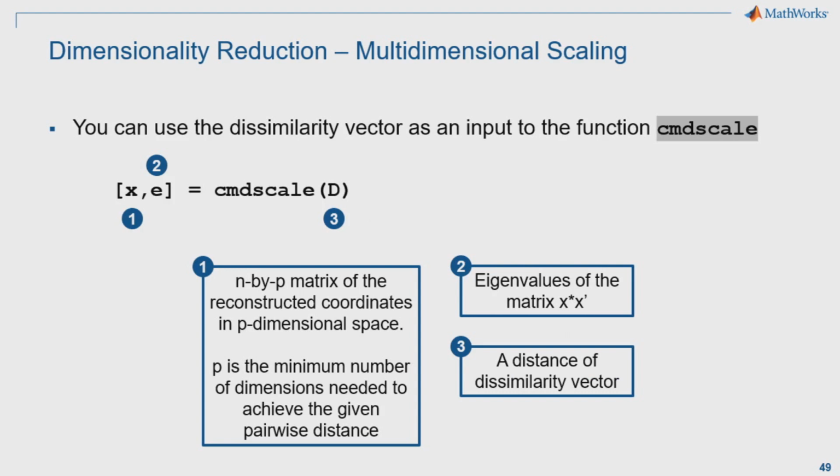Then, to run the multidimensional scaling algorithm, you should take the result of the pdist function. So you have to plug your matrix of pairwise distances into the cmdscale function, and the cmdscale function will return to you a matrix X, which corresponds to your new dataset with the new variables that you have found.